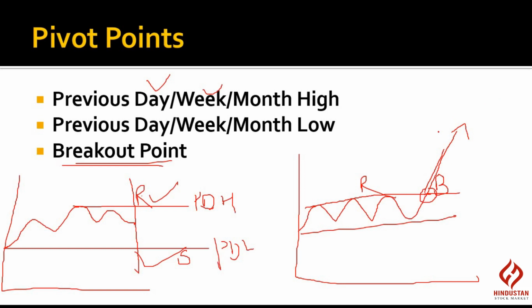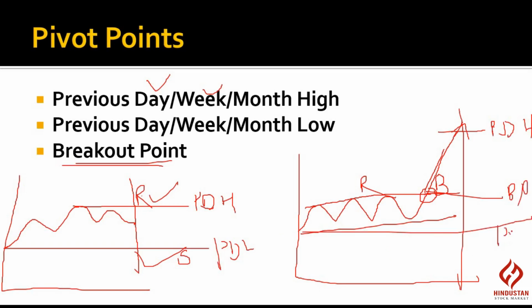So this is your previous day high. If the market closes at this point, this is your previous day high, this is your breakout, and this is your previous day low. This is how you should mark. Or this breakout can also happen like this. The market opens somewhere around here, it stays sideways, and at some point it will break.